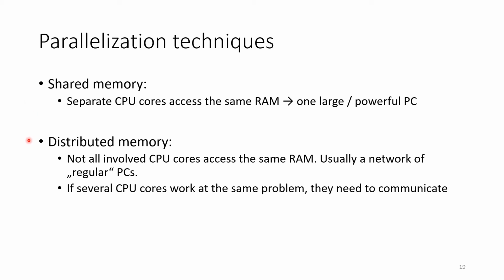In distributed memory, which is what we have in computer networks, each core has access to RAM, but not all cores have access to the same RAM. That means I need to communicate, because it could be that processor 2 needs some information of some points which are computed by CPU 1, right?